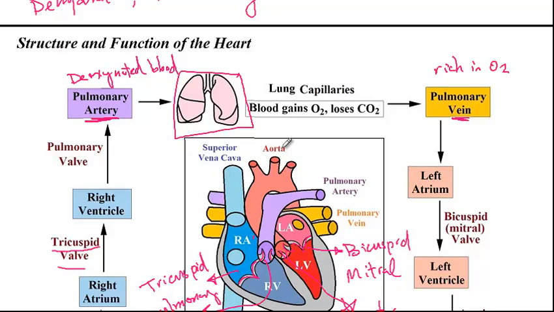So oxygenated blood via the pulmonary vein returns to, can you tell me where? The left atrium. The left atrium pumps blood into the left ventricle, and then the bicuspid or mitral valve prevents backflow of blood. Then the left ventricle finally pumps blood into the aorta.